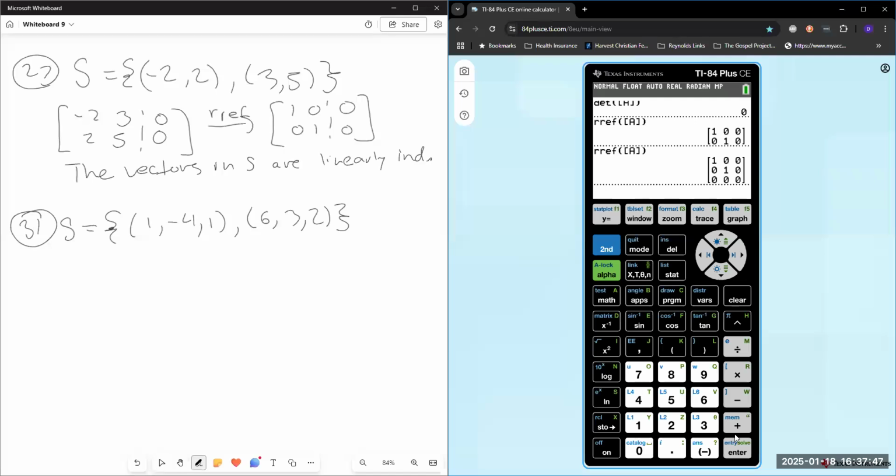But that's okay because we see that we have C1 here has to be 0 and C2 has to be 0, which tells me that the vectors in S are linearly independent.